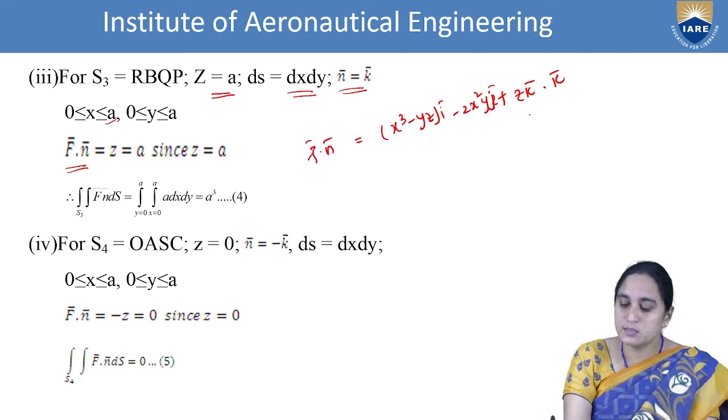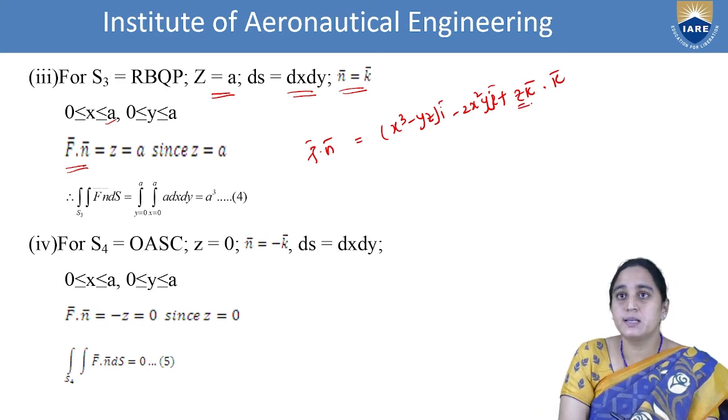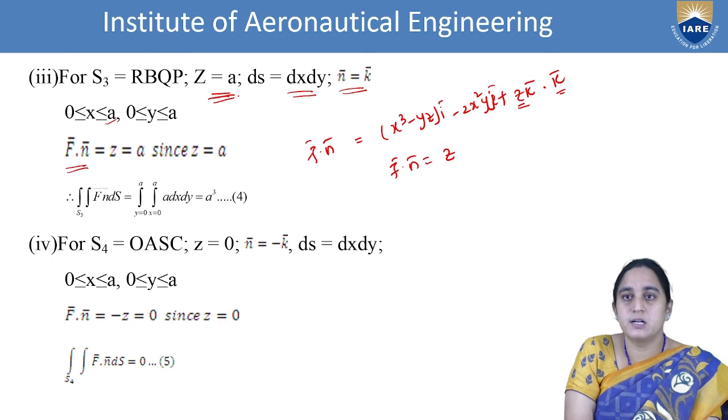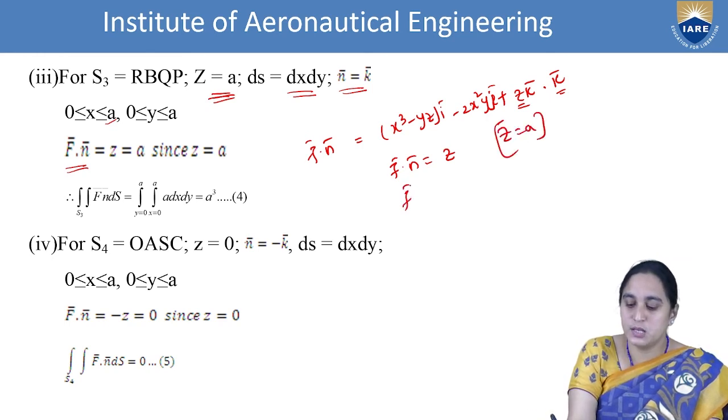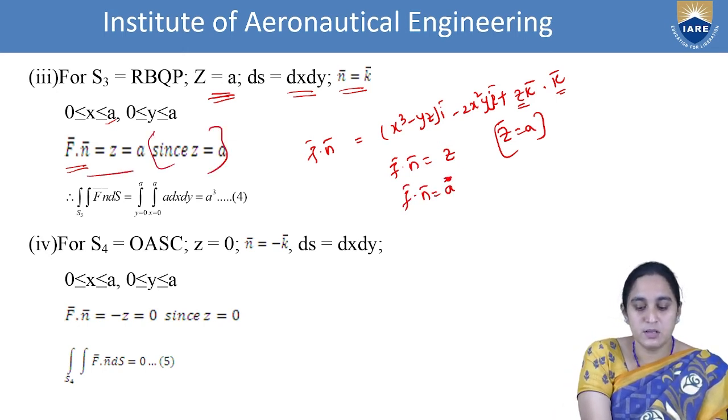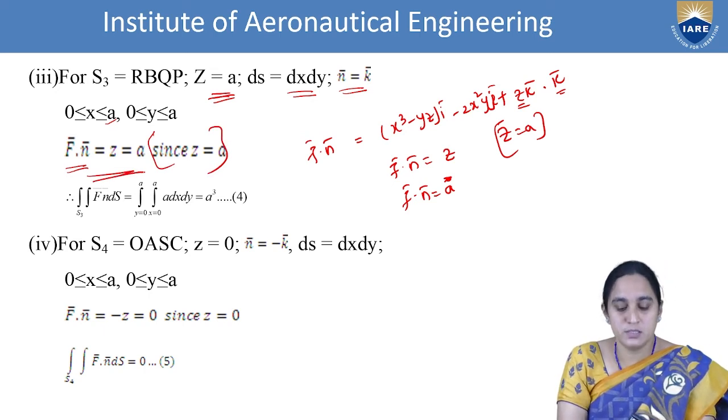Multiplying both, the k bar coefficient is z and the k bar coefficient of n bar is 1. That is, f bar dot n bar is equal to z. But from the condition, z is equal to how much? Here z is equal to a. Then substituting, f bar dot n bar is equal to a. This is the condition.